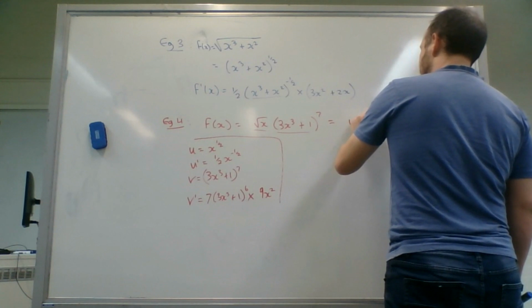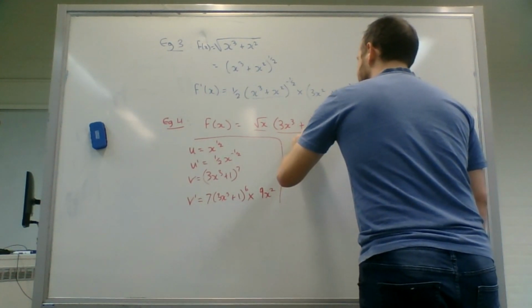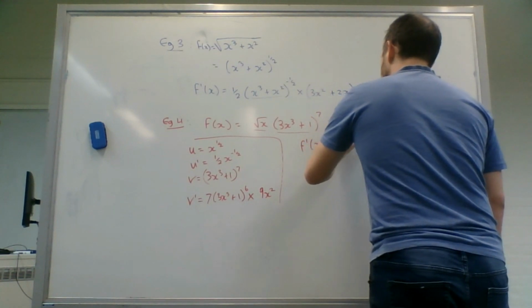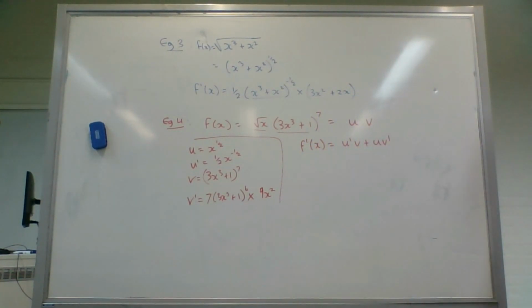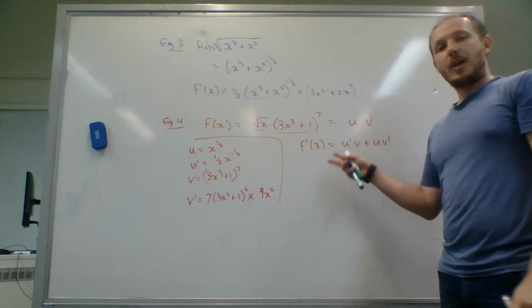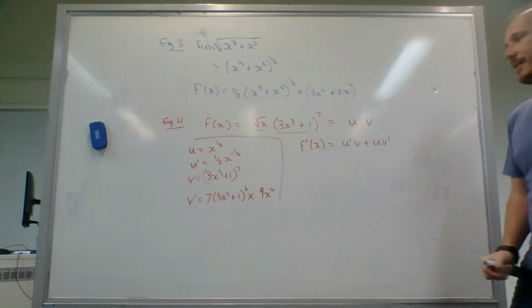I've got u times v, and I know that my derivative is u dash v plus uv dashed. And that's just straight from my product rule from before. So all I now need to do, now that I've worked these out separately, is just substitute them into my formula.